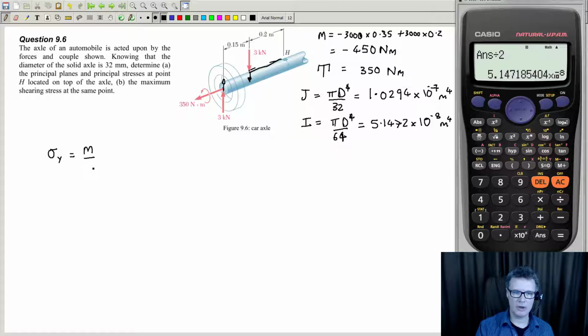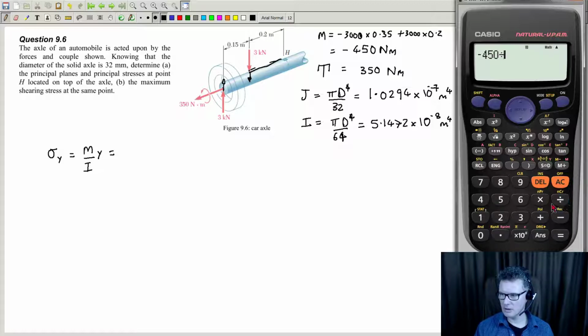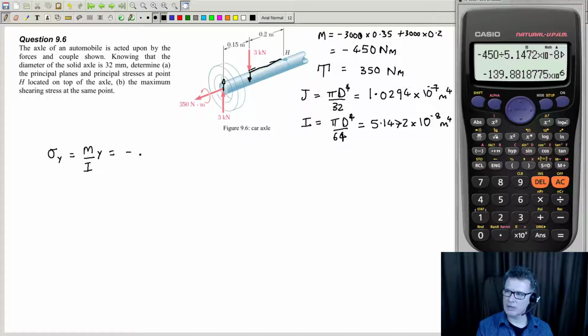So that's M over I times the distance away from neutral axis, which is Y. So my M is minus 450, my I is 5.1472, and my Y will be half the diameter, which will be 0.016. So minus 139.88 megapascals.